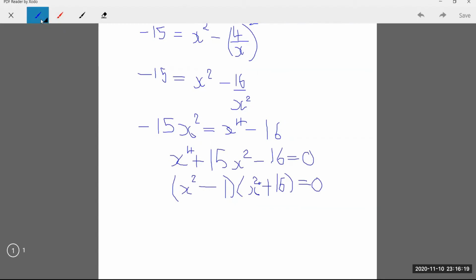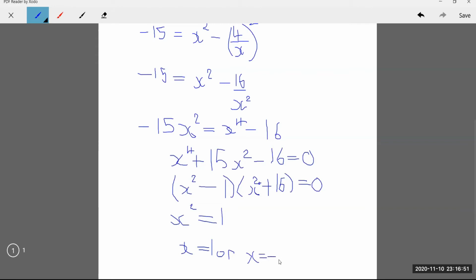Now the next thing is to just solve this. So x squared minus 1 equals 0, and so x squared is equal to 1. If x squared is equal to 1, then we know that x is equal to 1 or x is equal to negative 1. Nice.